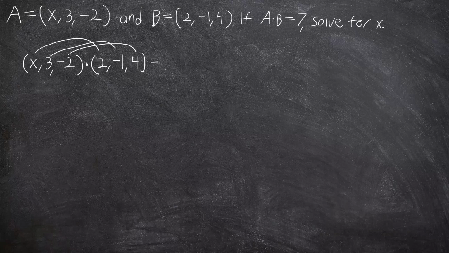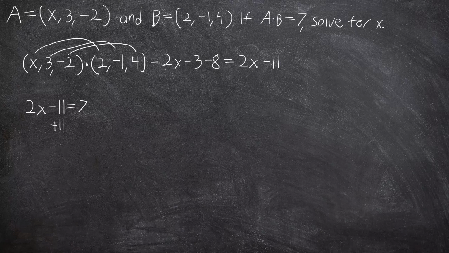Do distributive property, x times 2, 2x. 3 times negative 1, negative 3. Negative 2 times 4 is negative 8. And doing the basic math, we get 2x minus 11. Keep in mind that the dot product of A and B is 7, so I'm going to move down here. We want to set 2x minus 11 equal to 7.